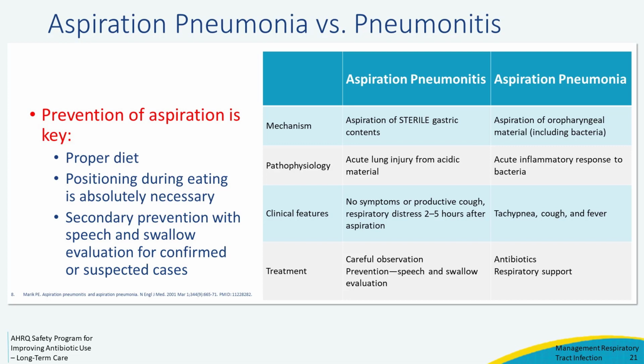Aspiration pneumonia typically occurs due to aspiration of bacteria colonizing the oropharyngeal tract, resulting in an inflammatory response to the bacteria itself. Clinical features can be similar between the two, but most importantly, aspiration pneumonitis symptoms should resolve within 48 hours without antibiotic therapy, while pneumonia will persist.